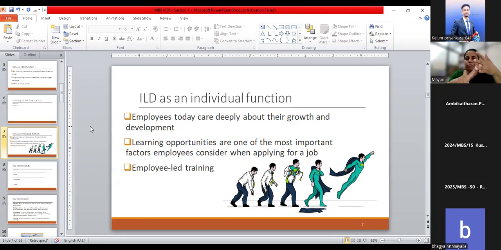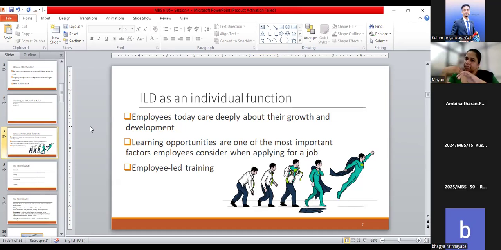Number two, there's a considerable budget we are spending on learning and development. Number three, learning and development is a special subcategory of human resource management. And we believe in human capital in training and development, right? These are the four things from the organizational perspective.